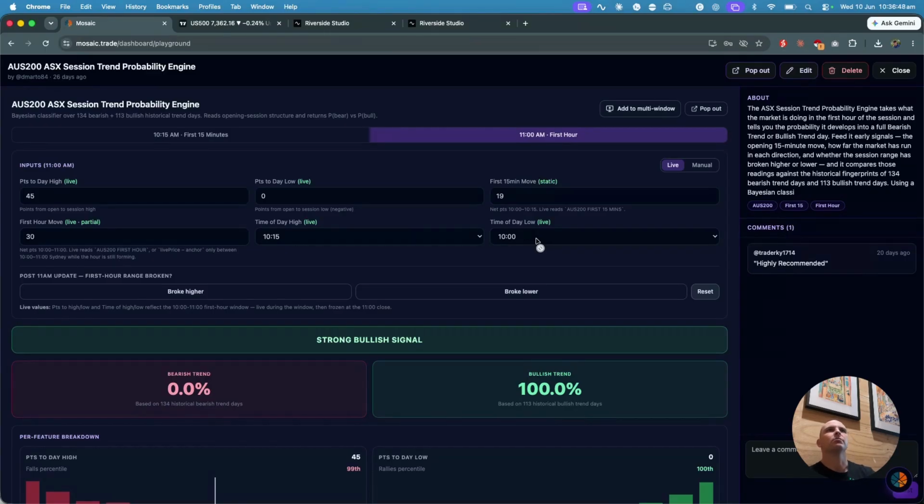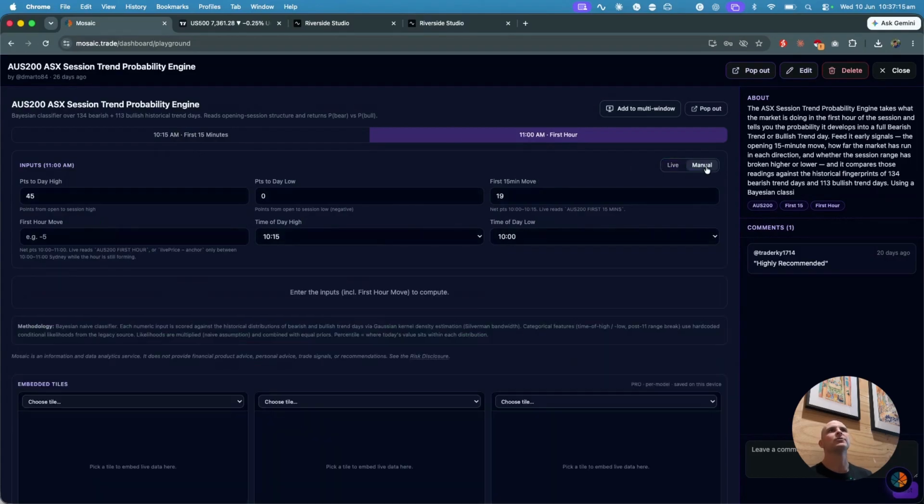If the day low breaks down at 10:30, 10:45, you would have seen this figure come back a lot, because generally you don't see lows in the second half of an hour for the rest of the day if it's going to be a significant rally. So as I said, today, pretty obvious that if it's going to be a trend day, it's going to finish higher. Where this does get interesting is days that aren't so obvious.